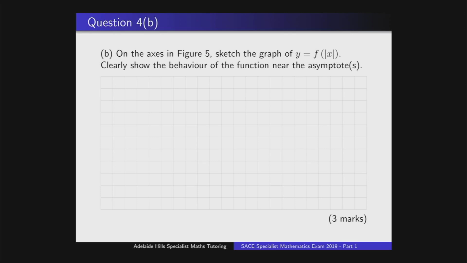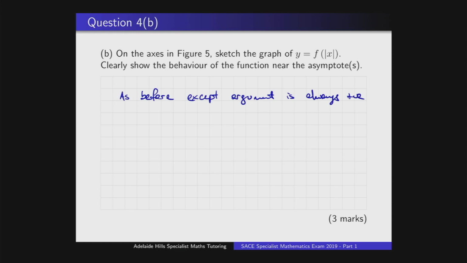Now for question 4, part B, we're also going to plot a graph, but the plot we're going to do now is y equals f of the absolute value of x. So this is as before as well, except the argument is always positive.